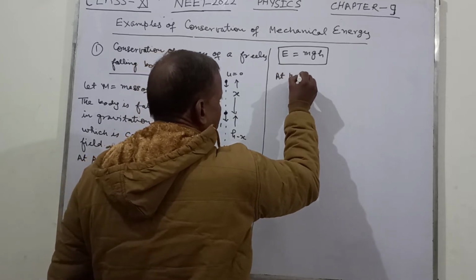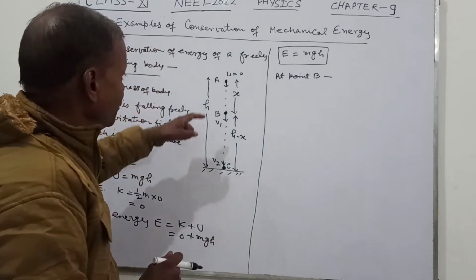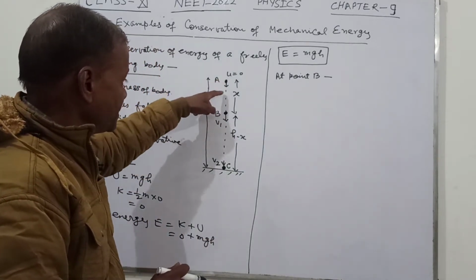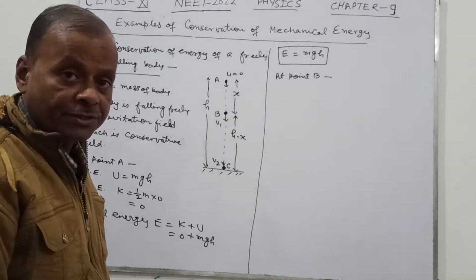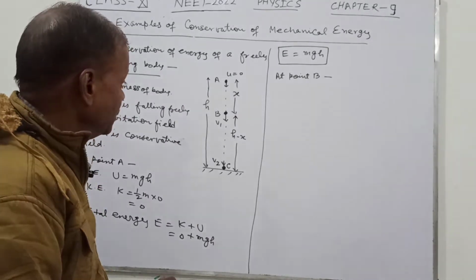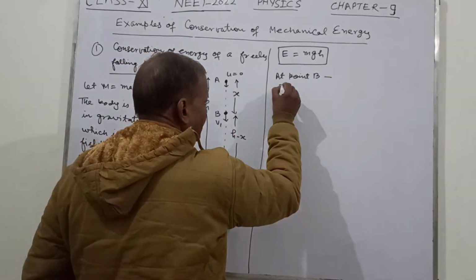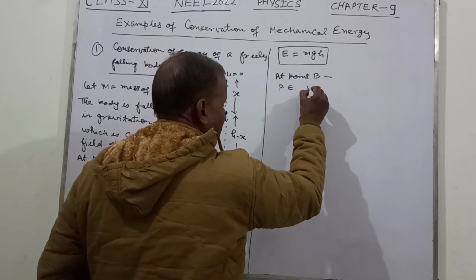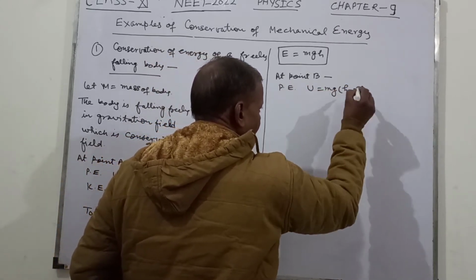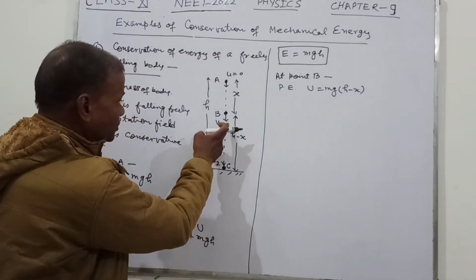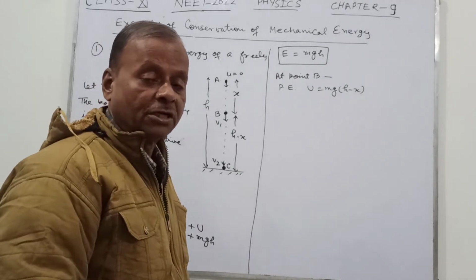At point B. Now when this body falls from point A to point B, it has travelled a distance x. So it will gain some velocity v1, and the potential energy U of this body will be equal to mg into h minus x, because now the height of this object at point B is h minus x from the ground.